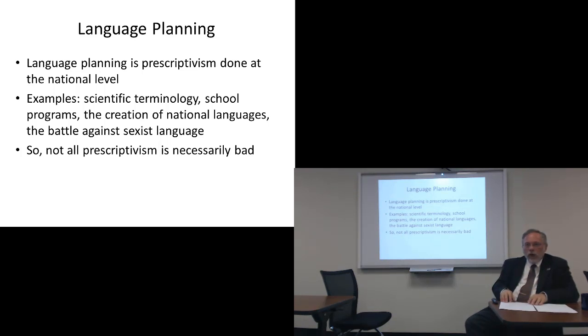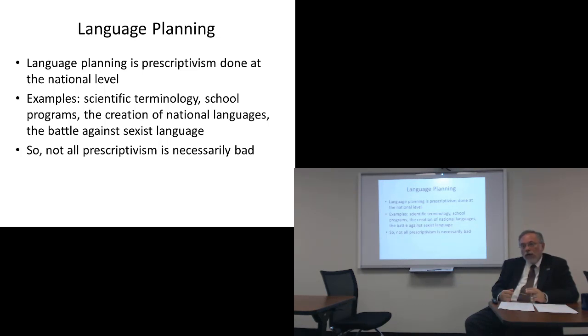For example, you're going to have, maybe not in the United States because it's a very big country, but in a smaller country, one kind of textbook that gets adopted by schools, right? And so you have to decide what language those textbooks are going to use.